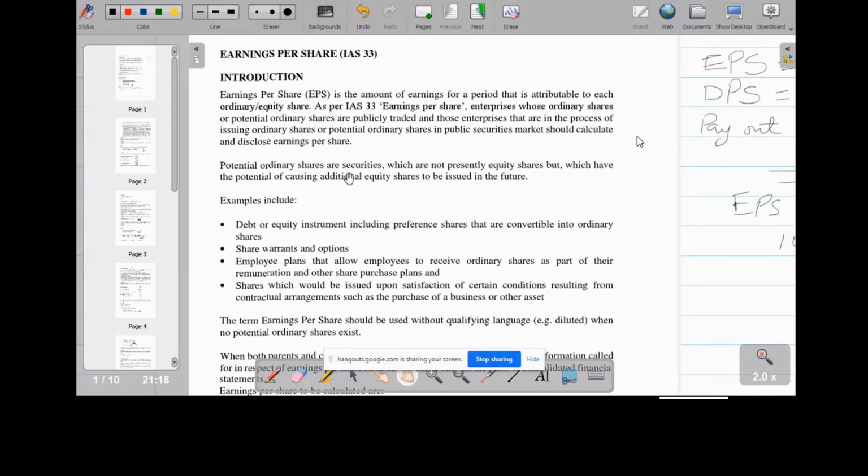Then we also have share warrants and options. What we mean by a warrant is a security that represents the right to purchase a company's stock at a specific price at a specific date in future. A warrant is issued directly by a company to an investor. These are purchased when it is believed the price of the stock will go up or down.